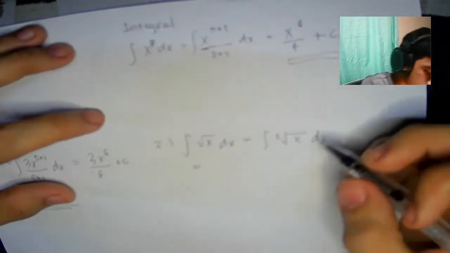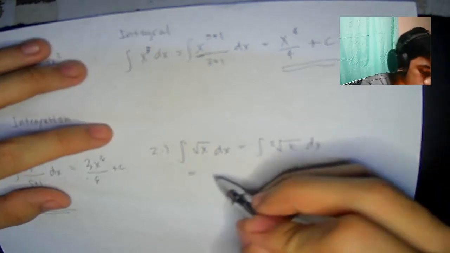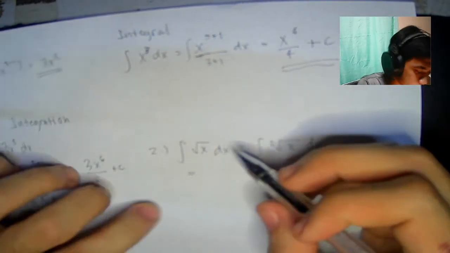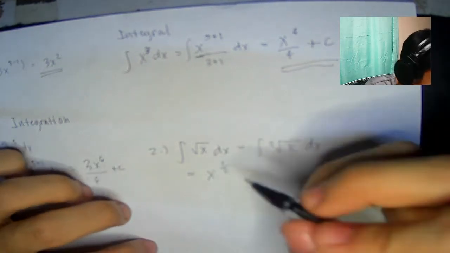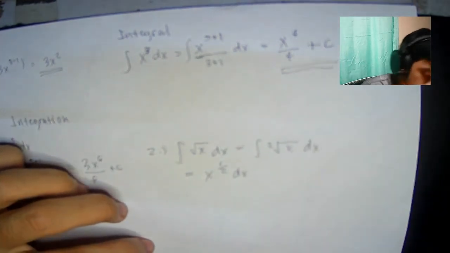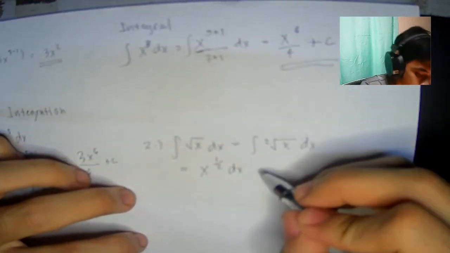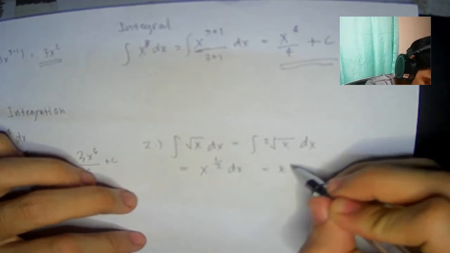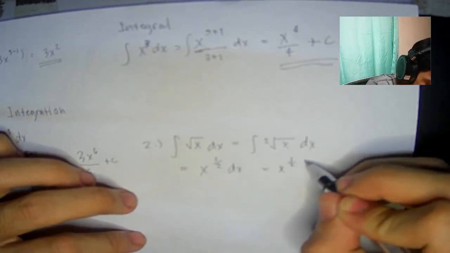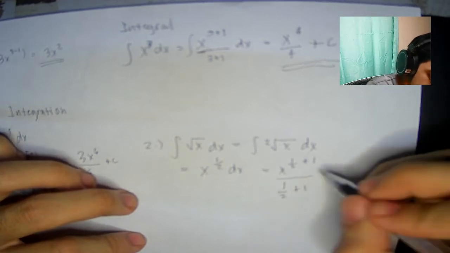So we can transform the square root of x into x to the 1/2 dx. So we continue. Equals, still power rule, x to the 1/2 plus 1 over 1/2 plus 1.